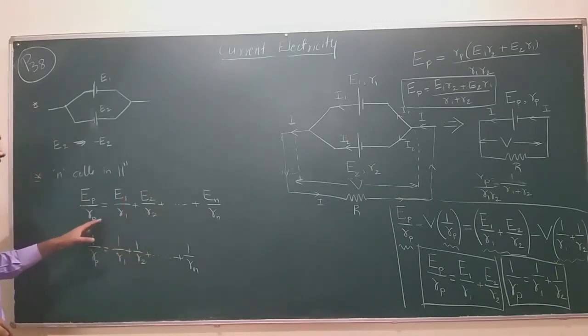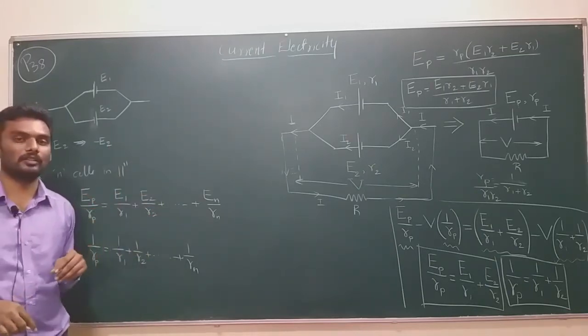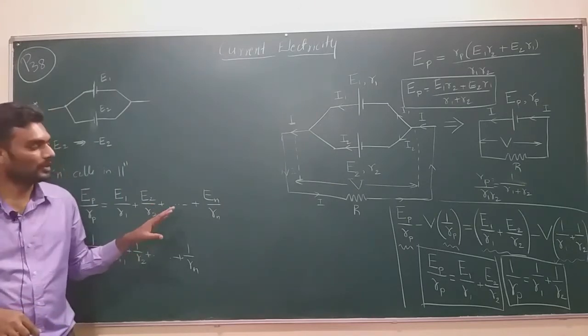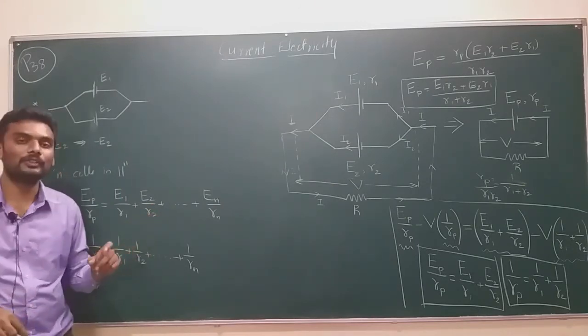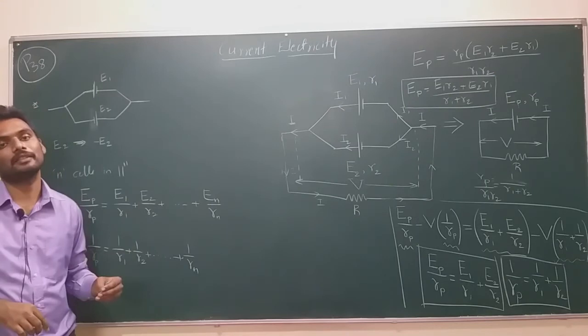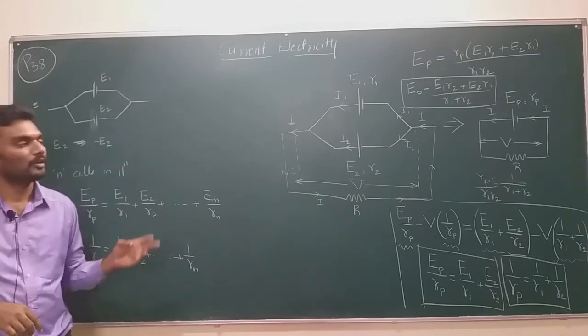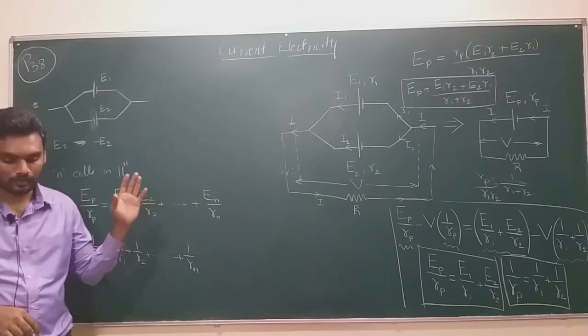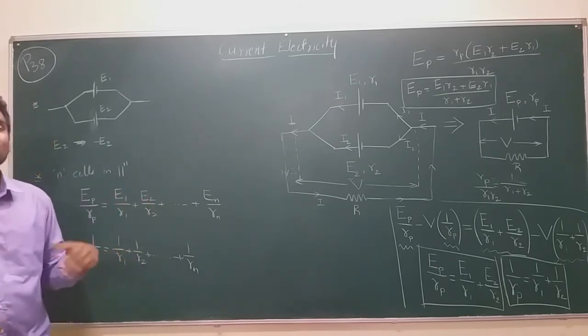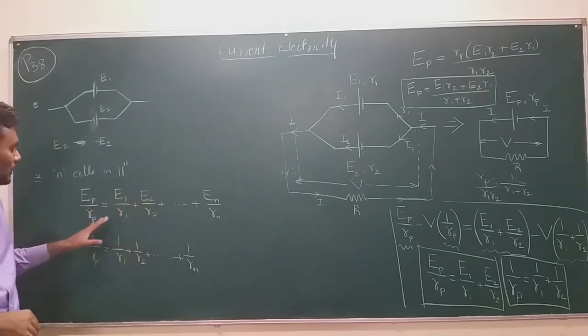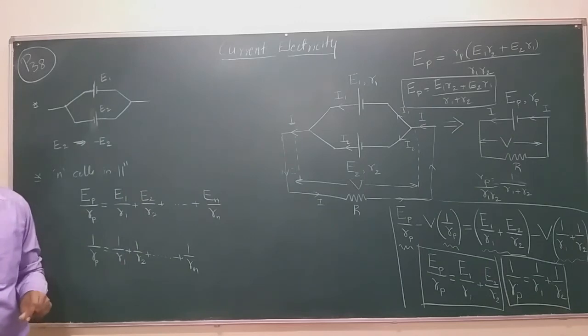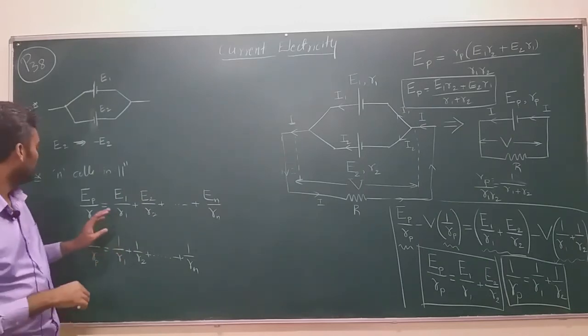It is not something theoretical. You should make use of these expressions when you have three cells connected in parallel. For all connections with more than three cells connected in parallel, you have to make use of these expressions itself. Clear with this?